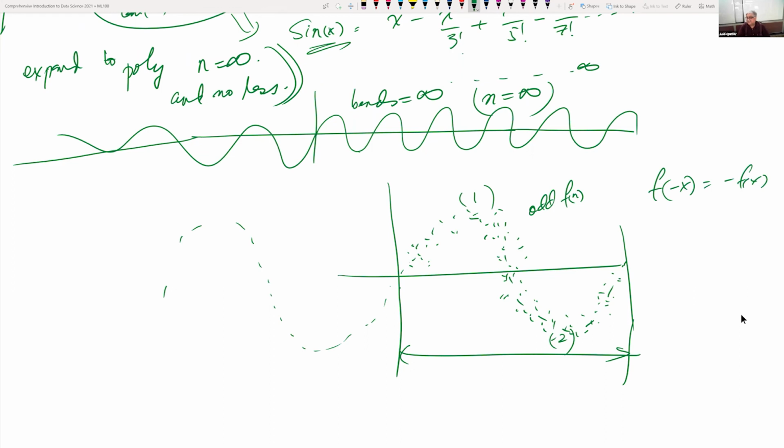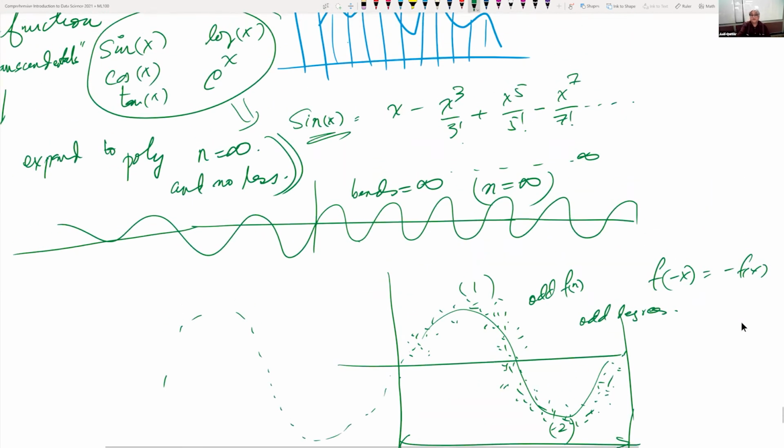They're mirror symmetries. When you expand such functions in polynomials, odd functions will have only odd degrees. This is basically a little piece of sine x. Do you see only odd degrees present here?